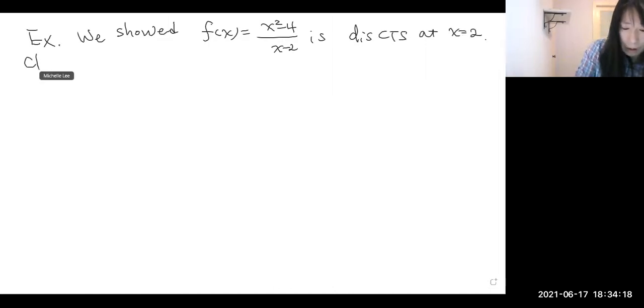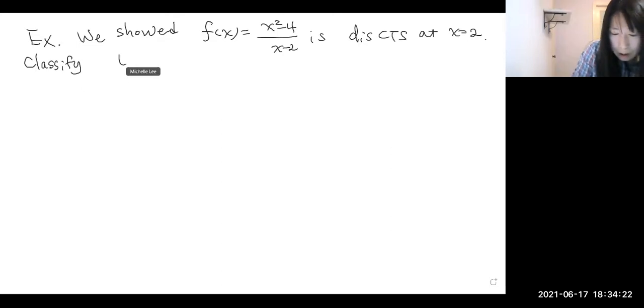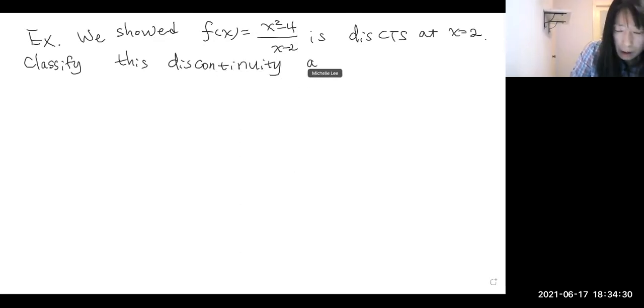Now they say to classify this discontinuity, as there are 3 types.